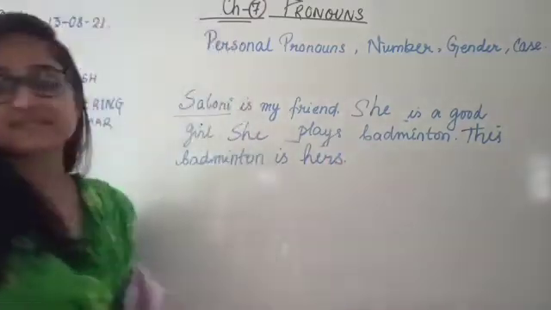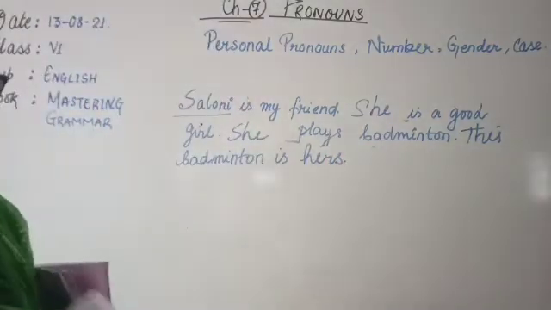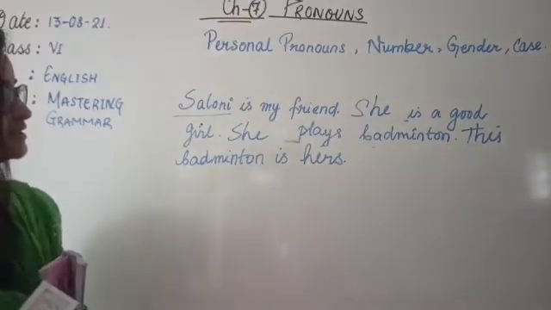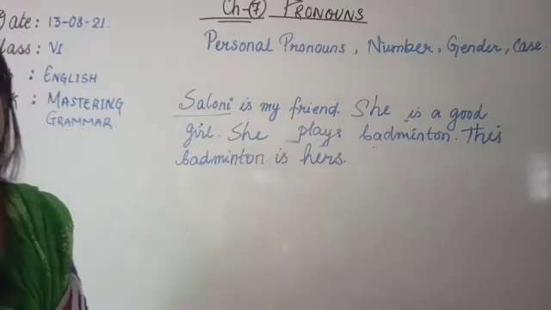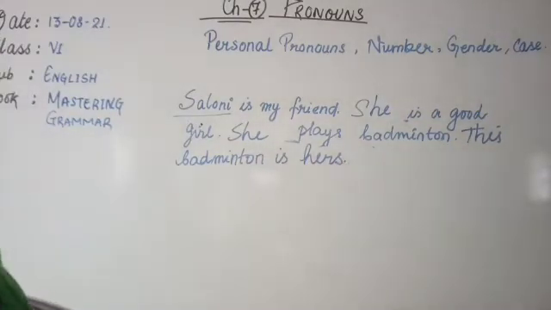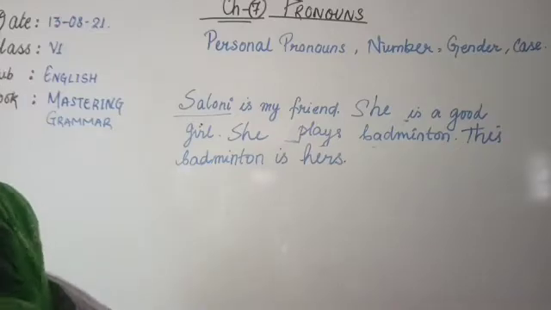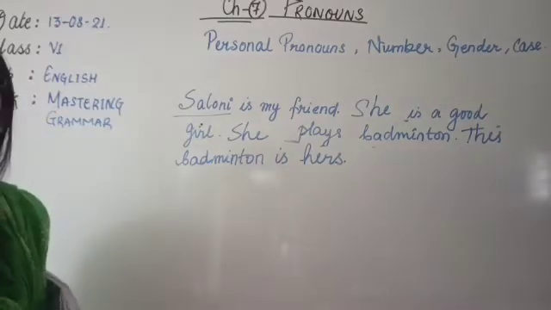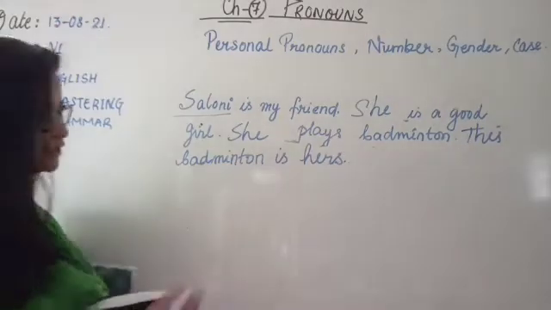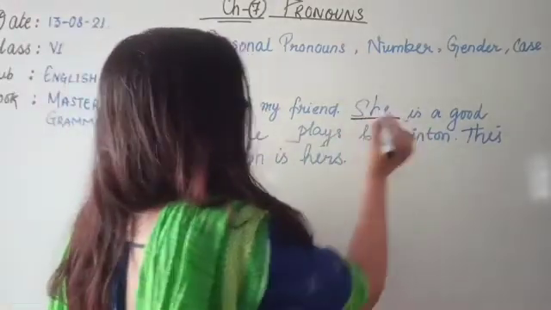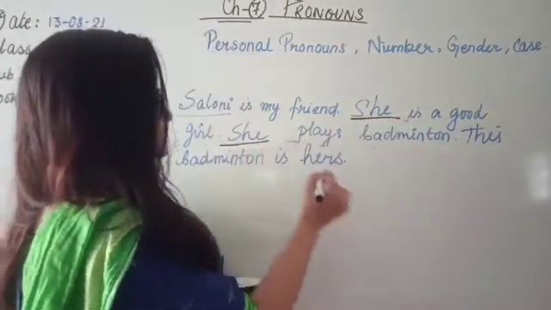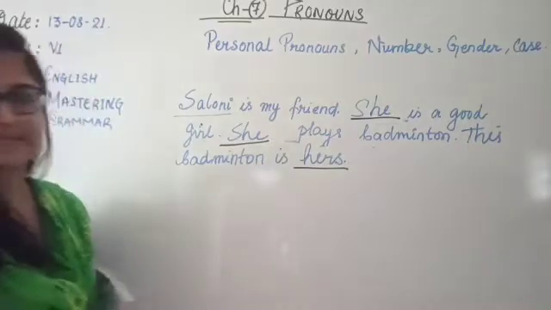So what I did here, children, is I used some words as replacement for Saloni. So Saloni here is a noun, and a noun which is being replaced by another word. This word she, hers, you can see.